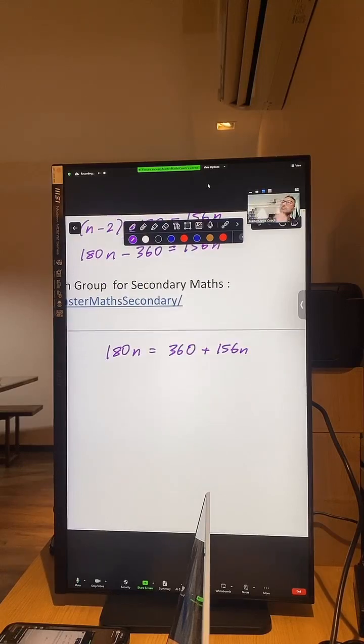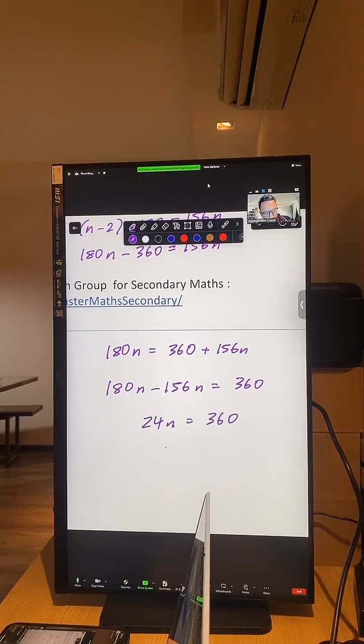Now what am I going to do? I'm going to subtract 156n on both sides. Remember in an equation, whatever you do to one side, you must also do to the other side. So 180 minus 156 will give me 24. So 24n equals 360. n equals 360 divided by 24. That will give me 15.